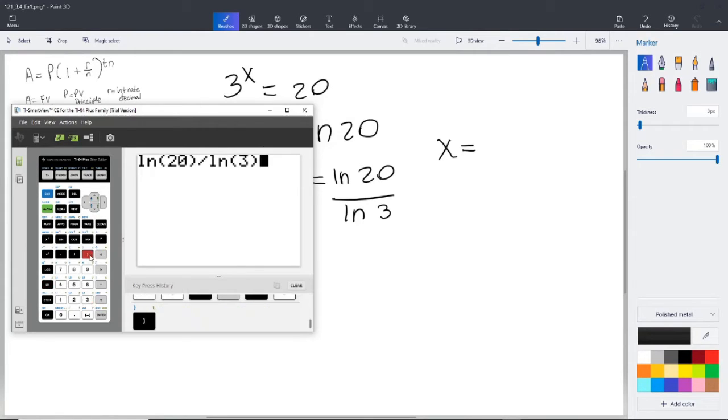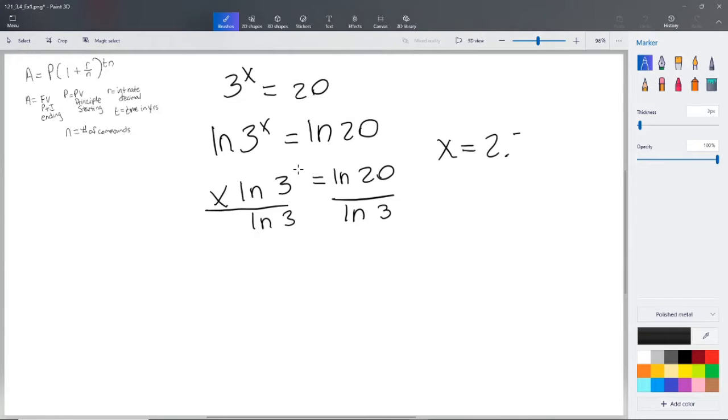Close parenthesis, getting good habits, and then hit enter, and we'll have the answer. We know it's somewhere between 2 and 3, and indeed our answer produces that. It's 2.727. I would prefer 3 decimal points if you're going to use a decimal, and that's fine. There is our 3 decimal points.